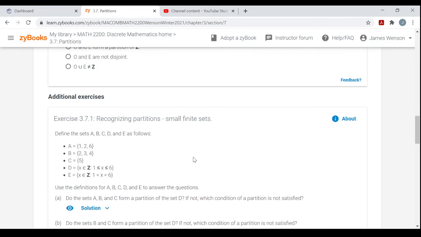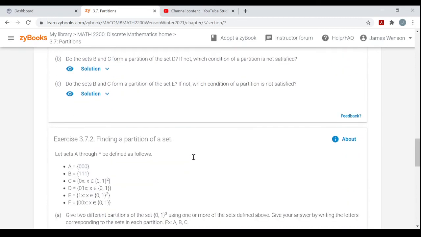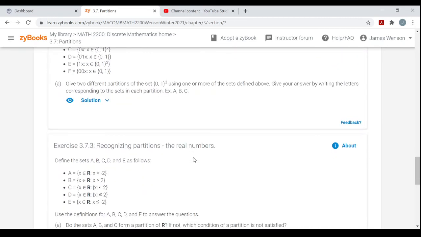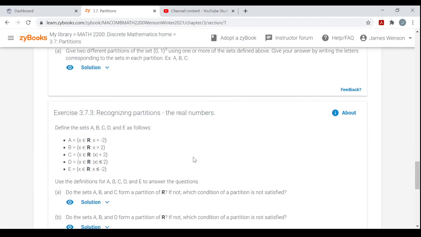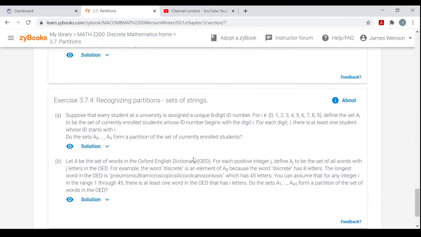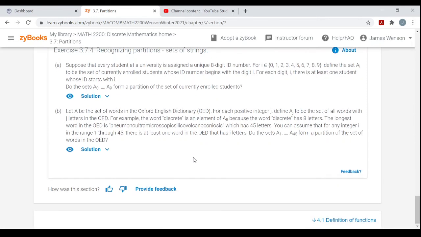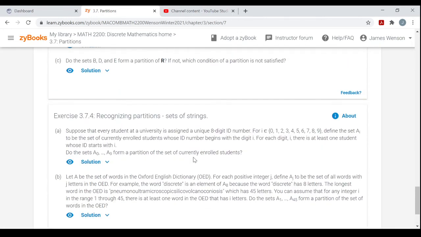And then you have your additional exercises. Some of these are on assignment 4, some are not. Again, I would recommend that you do all the problems anyway, just for extra practice, extra exposure to the material. Get better at it. If you have any questions, let me know on any of the problems.